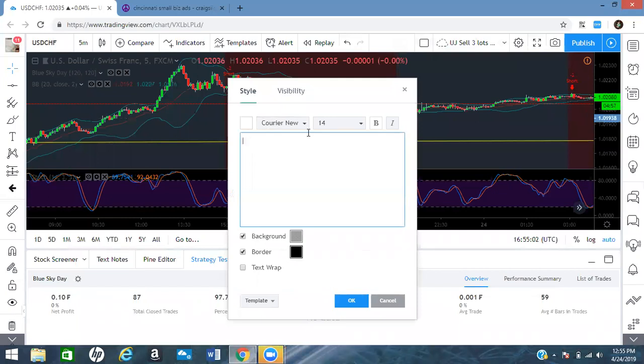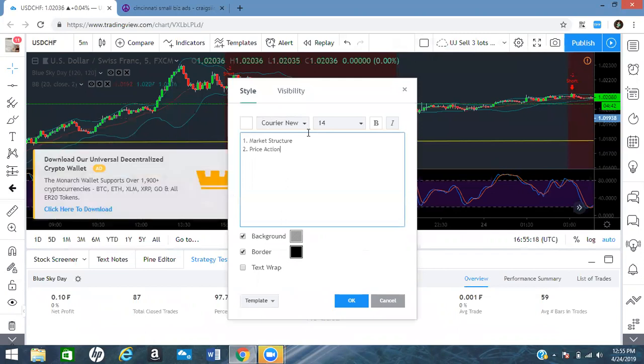Okay, so our list of confirmations, number one is going to be market structure. You can confirm that on higher time frames if you like, or you can just do the resistance support on the 5 minute. Okay, and again, price action. Remember, these are always number one and number two. Okay, always. Number three is going to be our blue sky day signal.